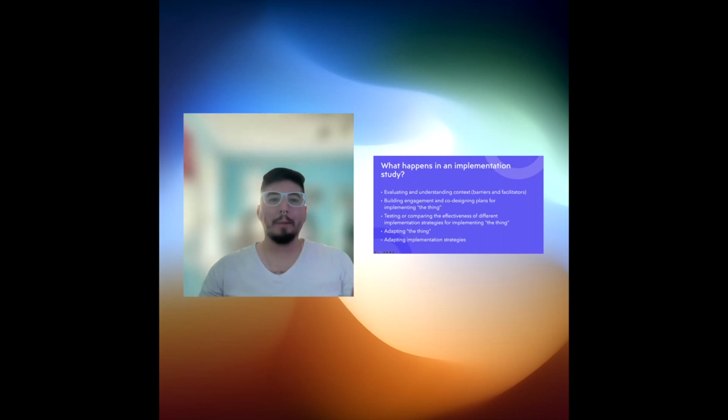So what actually happens in an implementation study? There is no one way that an implementation study looks, which is why I didn't present an implementation study today in depth, because I don't want you to get fixed in your idea of what an implementation study must look like. So I'm going to give you some basic features of how they typically look, and it's usually a combination of these things.